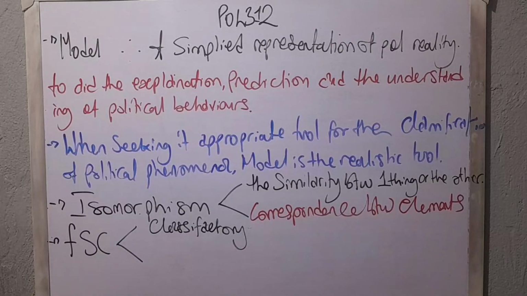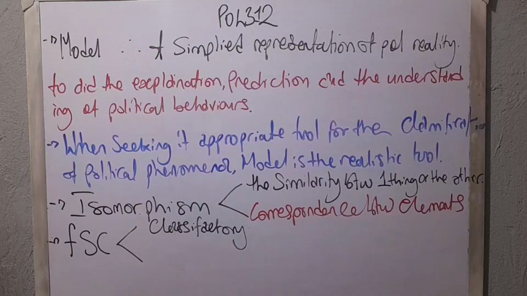Speaking of the classificatory function of concepts, one thing we must bear in mind is that some concepts provide the basis for classification. There are certain concepts that provide the basis, the foundation for classification. This involves the placing of political actions, the system or the institutions into classes or categories.